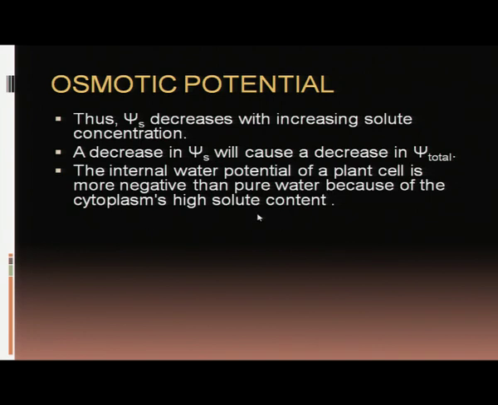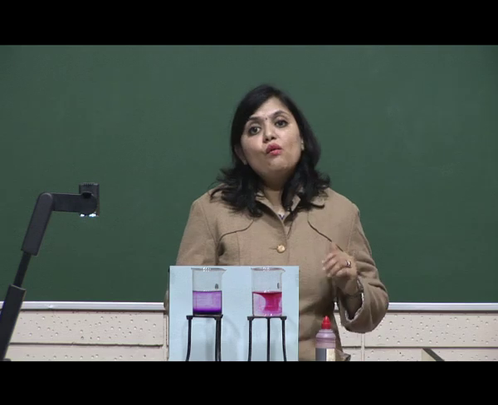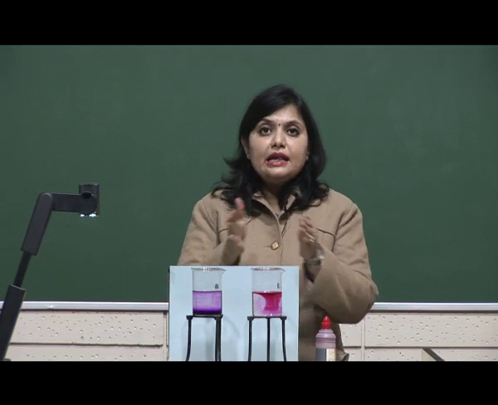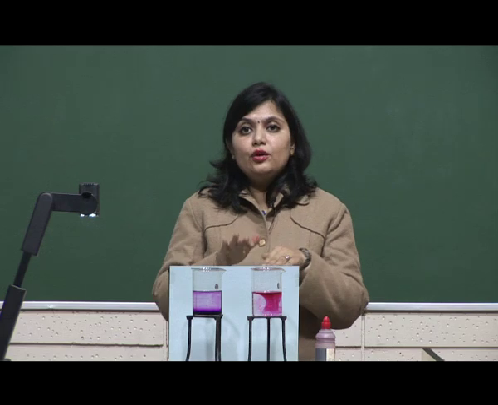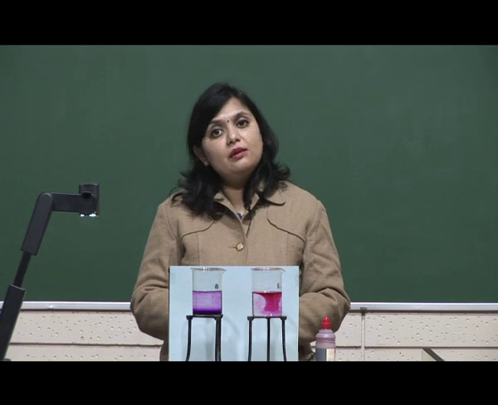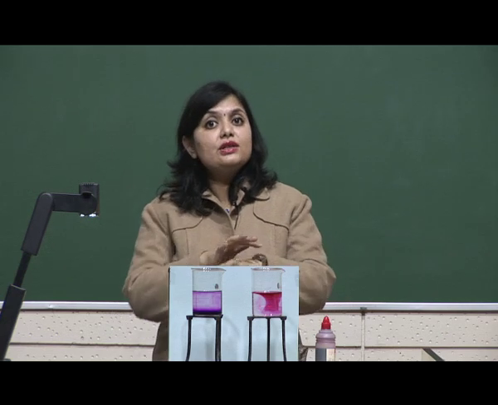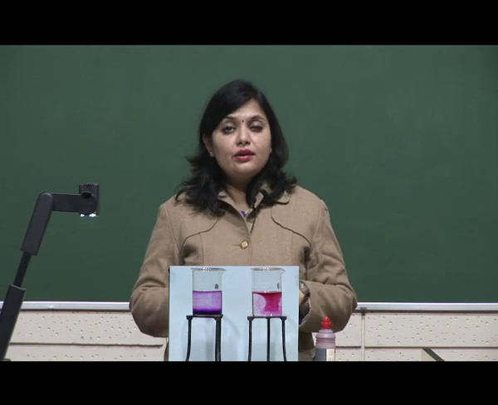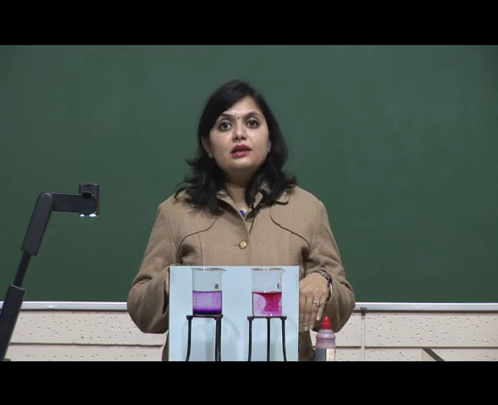The cell has many solutes, so the more solute there is, the lower the water potential. So, inside a cell, the solute potential is lowering the total water potential of the cell because of the presence of solute, which is not there outside the membrane, in the pure water.